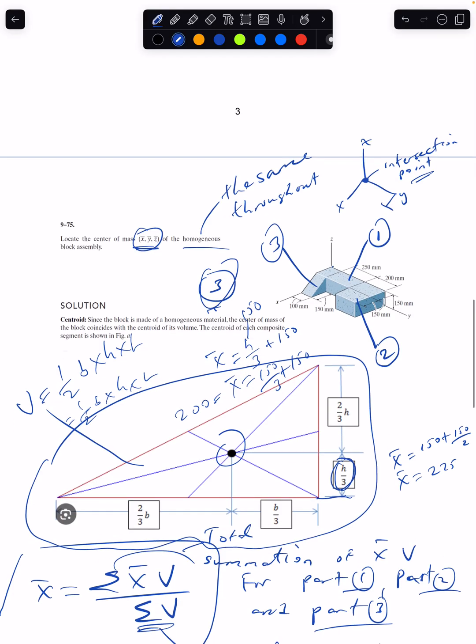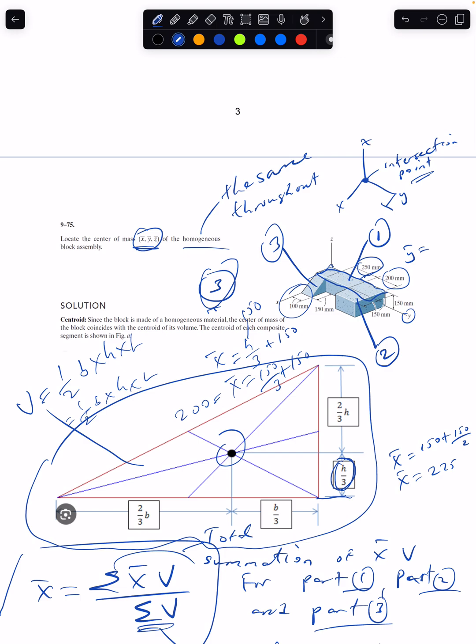So technically, for part 1, we are talking about the Y bar, and this is part 1. This is the y-axis. So for Y bar, we have 250 millimeter plus 200, 450, plus 100, we have 550.